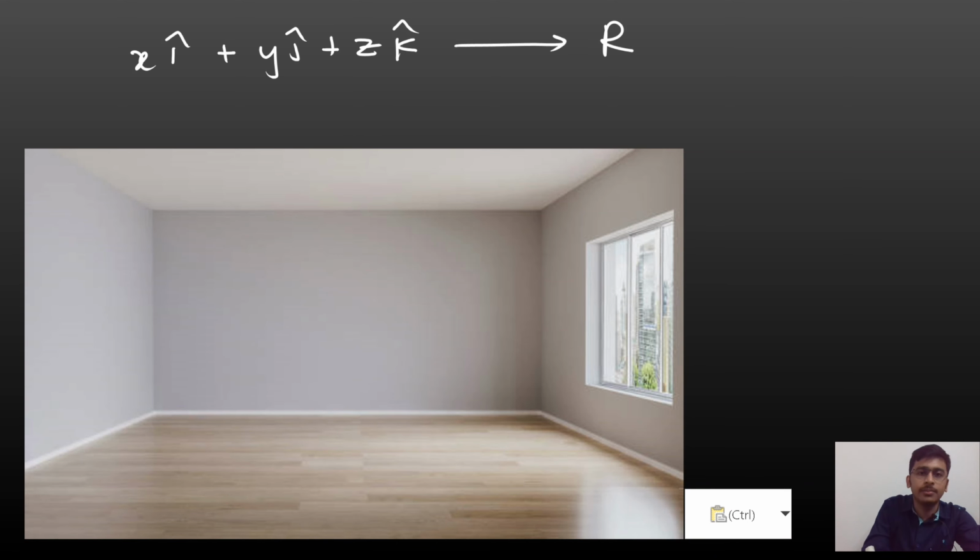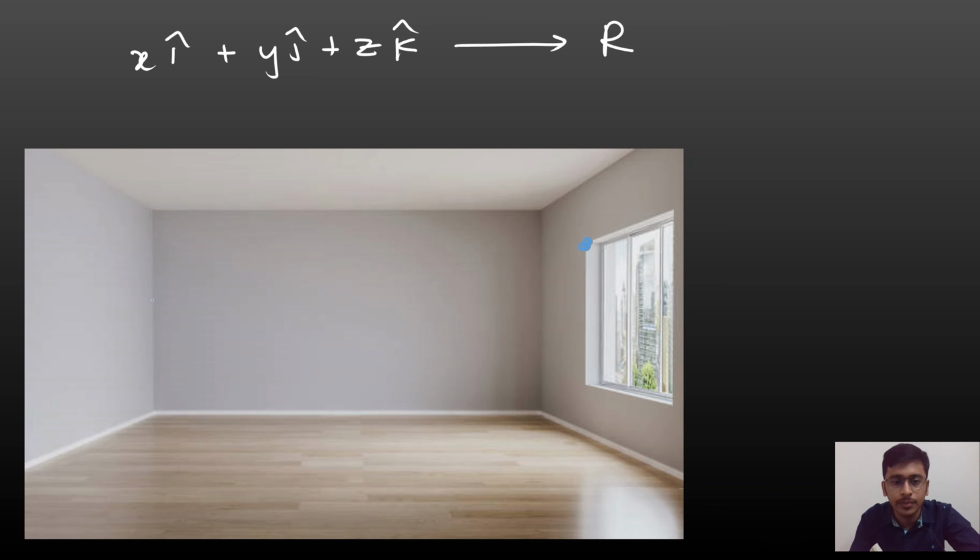So in this diagram, that fly is sitting over here. What I'll do is, let's say I go in a certain direction here. Let's say this is y. Sorry, this was not y.